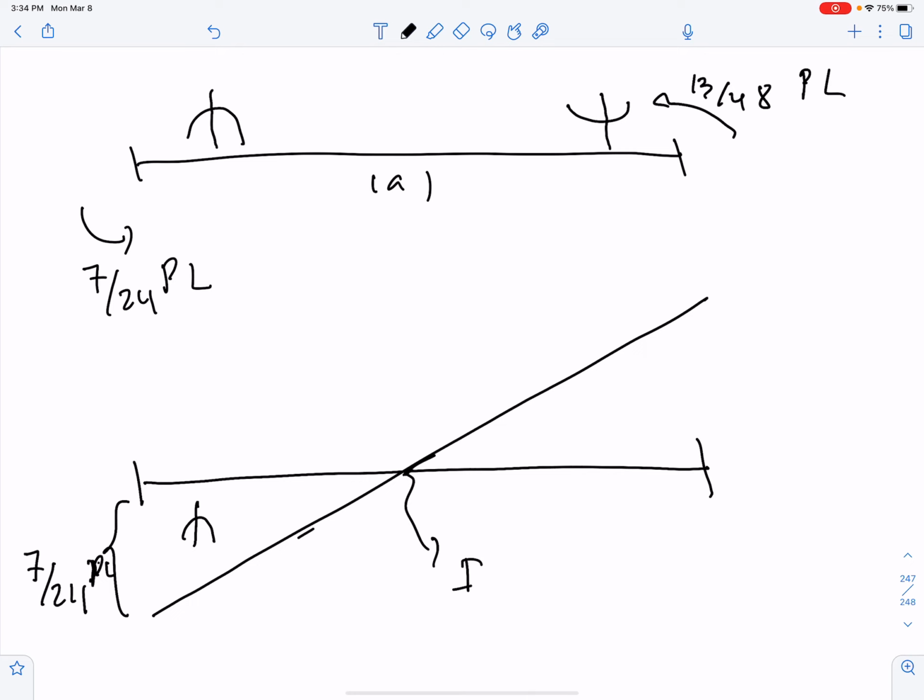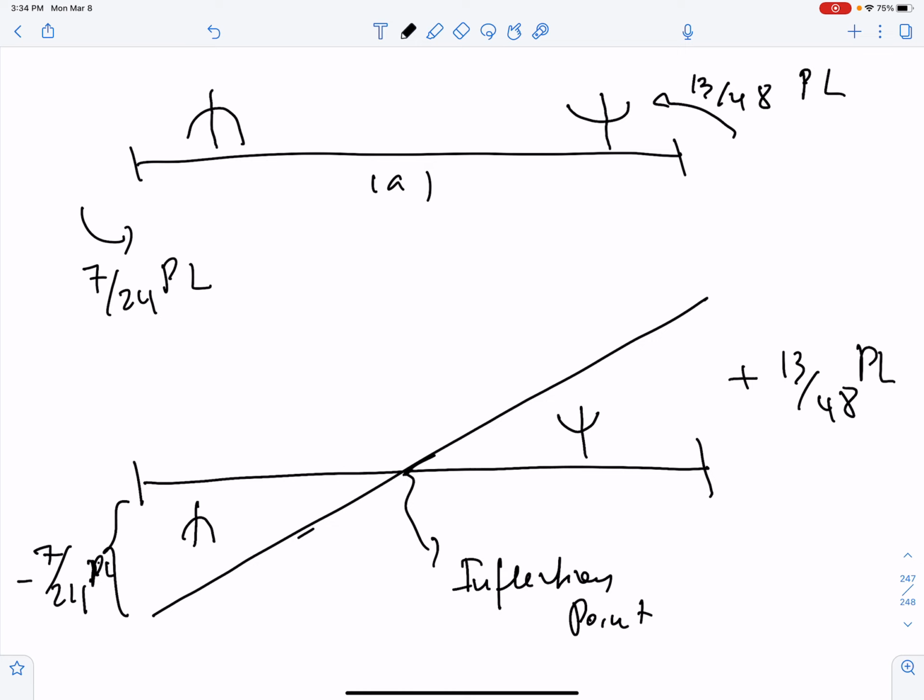This becomes the inflection point, and then you go into a convex structure. And then the moment becomes maximum, and is equal to plus 13 over 48 PL. So again, when it comes to distributions, minus means moment that makes the structure concave, plus means the moment that makes the structure convex.